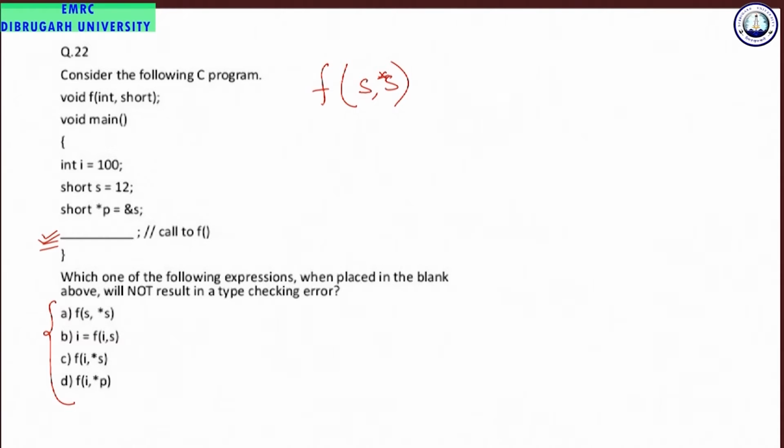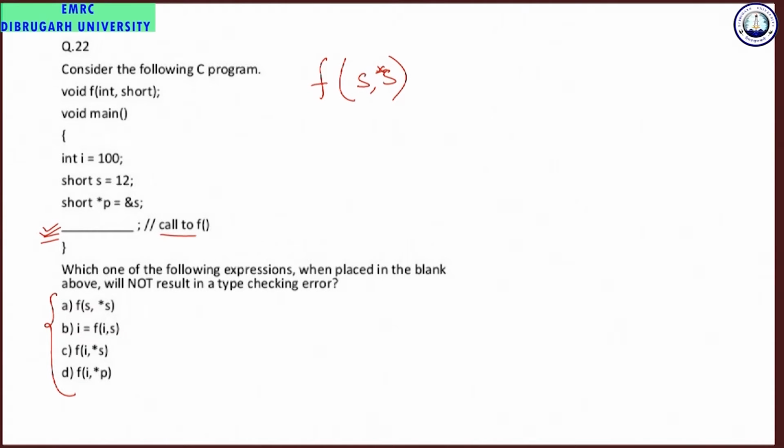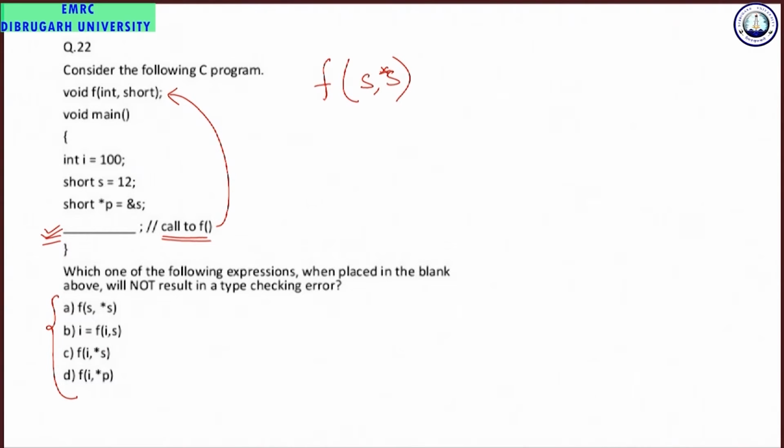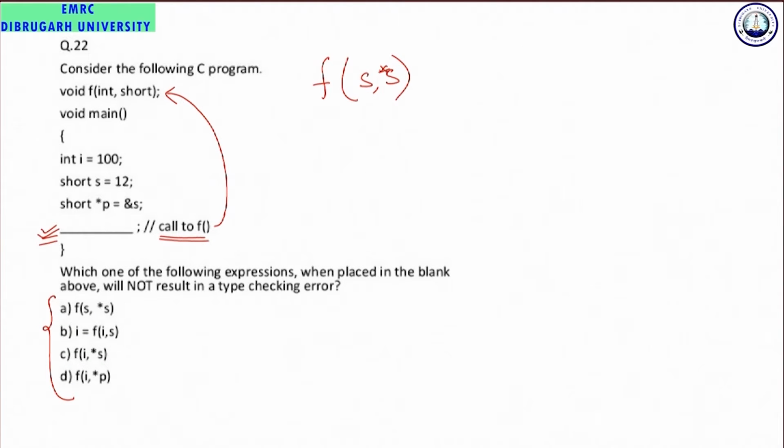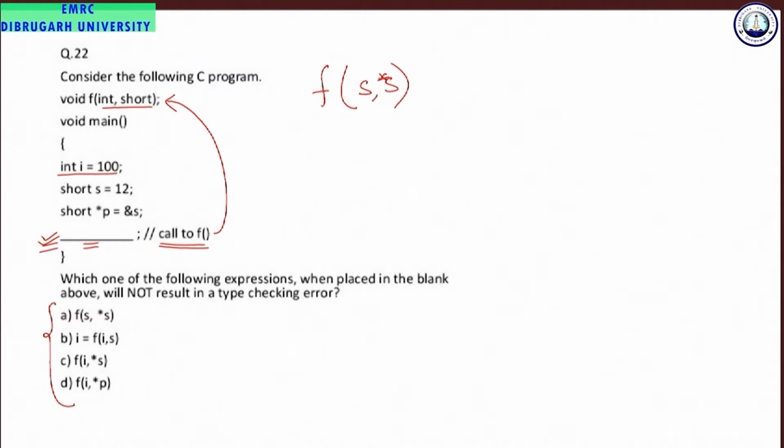Here we have seen that a function call needs to be done. So where do we do the function call? We do the function call here. What needs to be at this position so that this can be done? Look at the declaration.